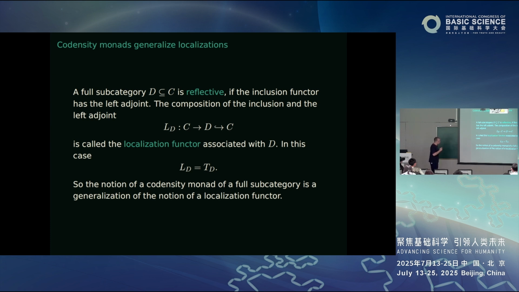And this composition is called the localization functor associated with the reflective subcategory D. And in this case, the codensity monad coincides with the localization functor, and this happens if and only if it is idempotent. So if you are familiar with localizations, you can treat codensity monads as a generalization of localization functors to arbitrary, not necessarily reflective subcategories.